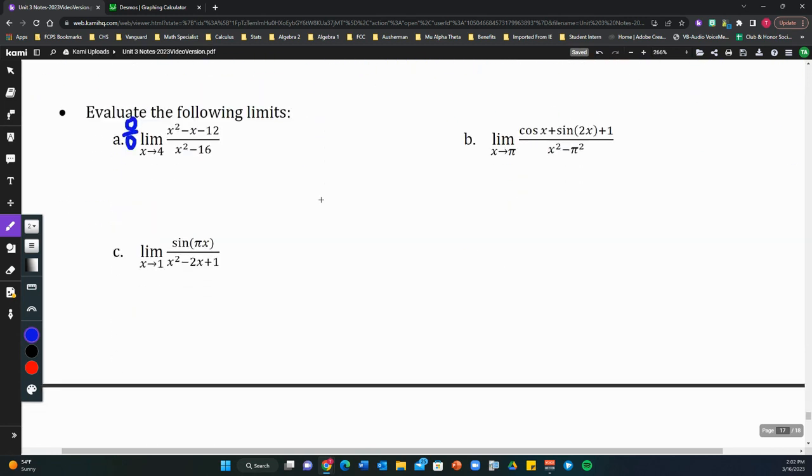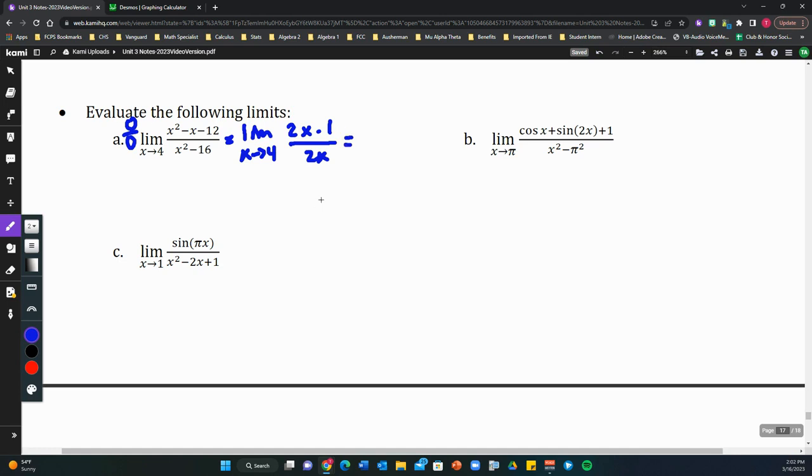Now, the reason why I don't want to write it after this is now I can go right into setting up the first step or the first iteration of L'Hopital's. So derivative of my numerator is 2x minus 1. And then derivative of my denominator is simply 2x. So again, after every time you carry out L'Hopital's and you take derivative of top and bottom, try direct substitution again.